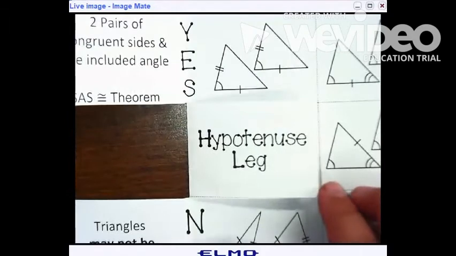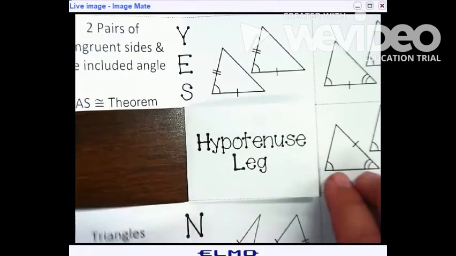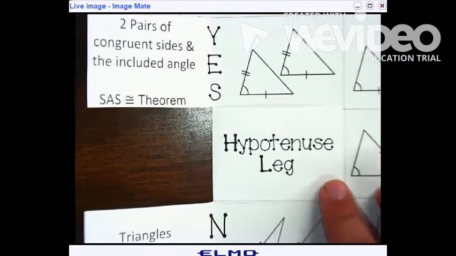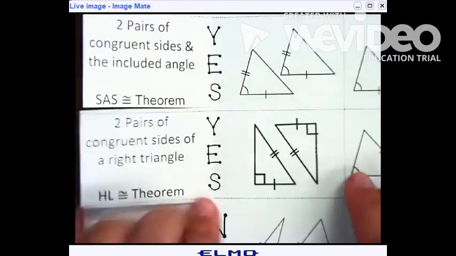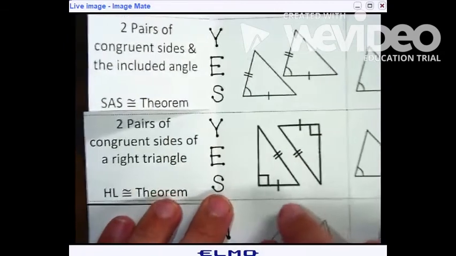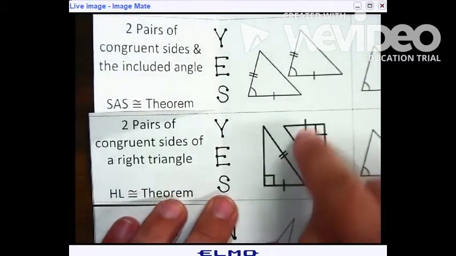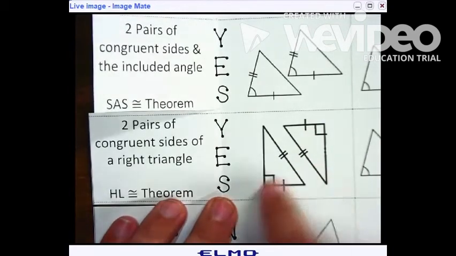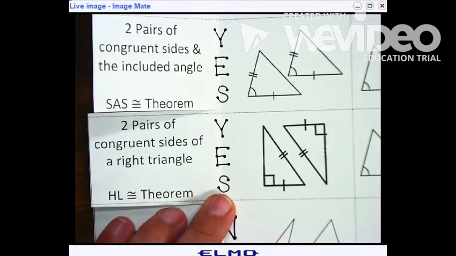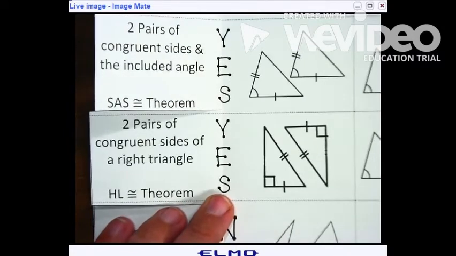Oh, hypotenuse-leg. This has a hypotenuse, so obviously this is for right triangles only. So let's take a look at this. We have the hypotenuse congruent, and we have one leg congruent, and these triangles are congruent. This is kind of like that side-side-angle we had just a minute ago, right?